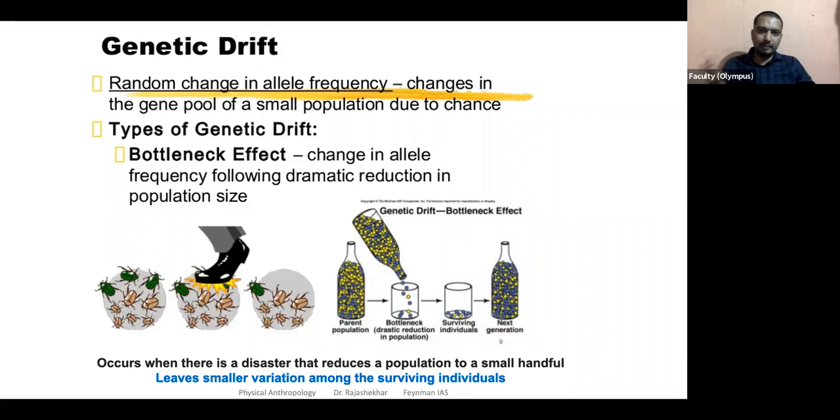Don't they multiply later? They do multiply. Okay, but won't genetic diversity increase there? The population is only one particular type. So what happens? Normally inbreeding happens there.